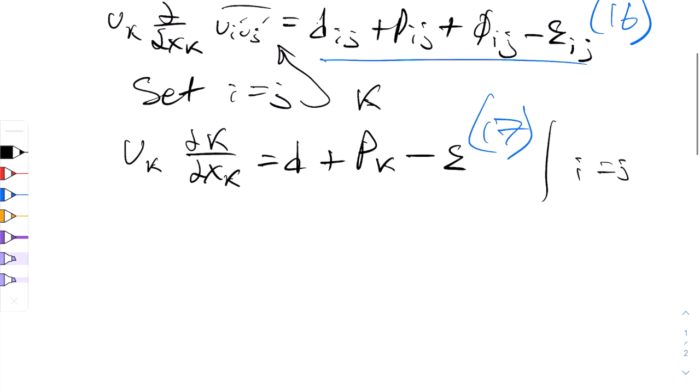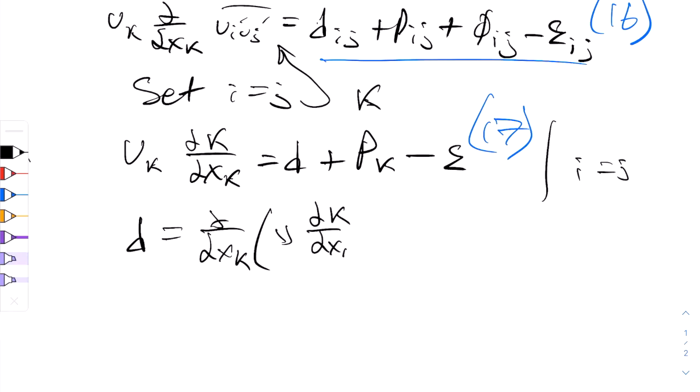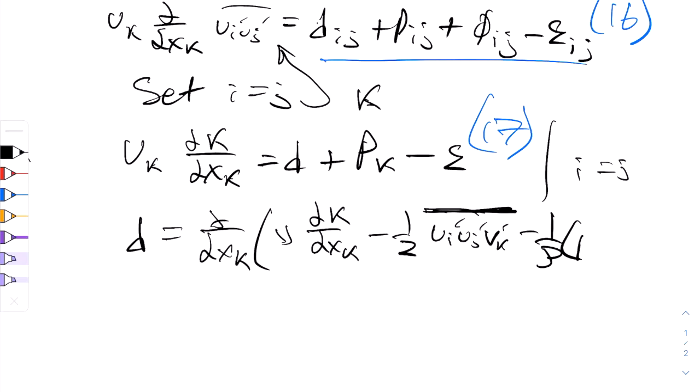Now let's define D, P_k, and ε with i equals j. D will be equal to ∂/∂x_k of (ν ∂K/∂x_k − 1/2 of the triple correlation u_i' u_i' u_k' bar, the whole thing) minus 1/ρ of (p' u_k' bar) in parentheses.